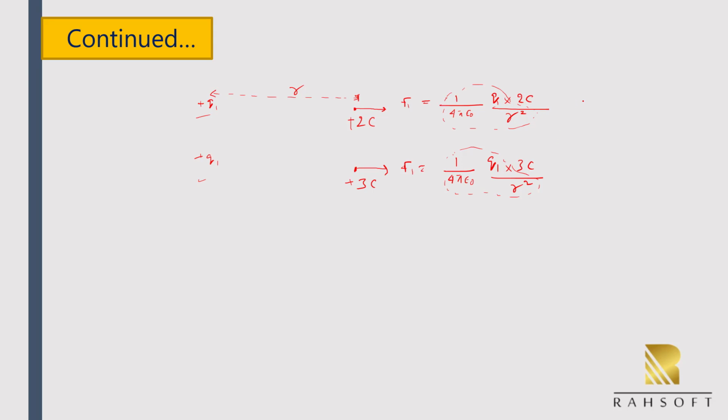So I can write F1 is equal to 1 over 4 pi epsilon naught, Q1 over R square, into 2 coulomb, and F2 is 1 over 4 pi epsilon naught, Q1 over R square, into 3 coulomb. So in both cases we have this common term, and basically this is called electric field intensity.